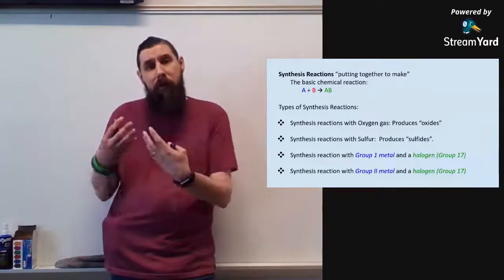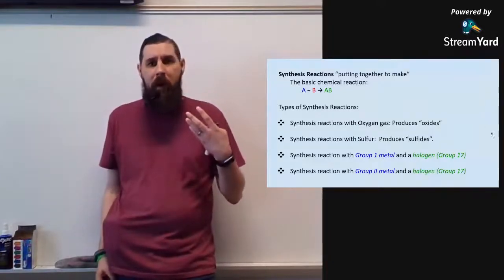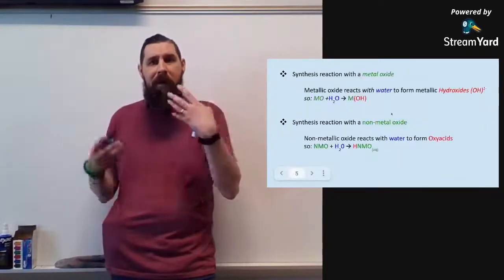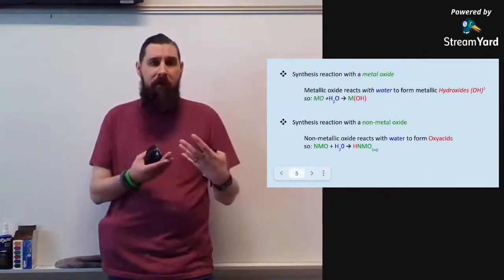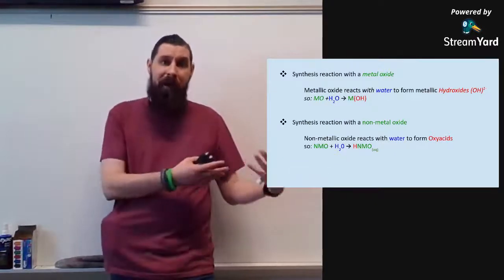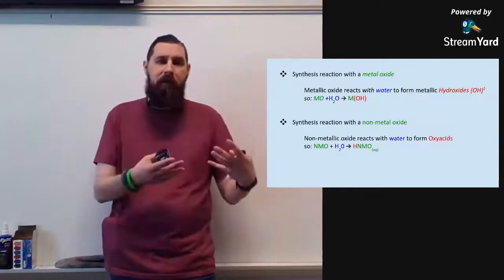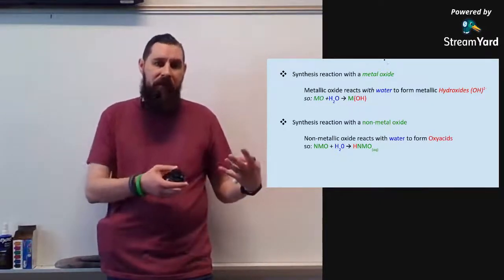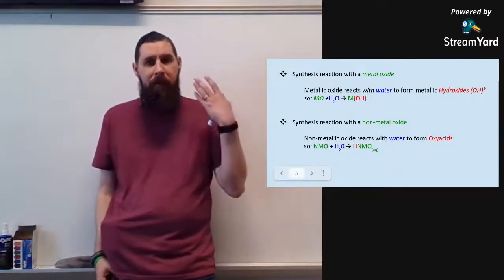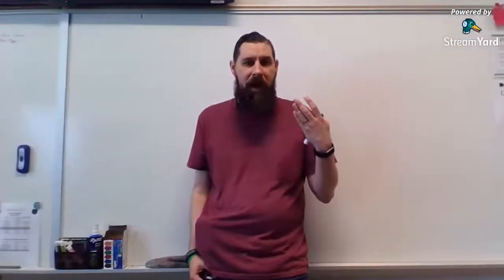We can also do some more complex synthesis reactions where you take metal oxides and you combine those with water, to produce metal hydroxides, or you can take non-metal oxides and combine those with water and get oxyacids. So we're going to go through just step by step how to predict the products for each one of these types of reactions.